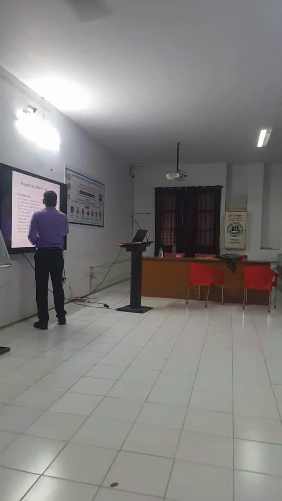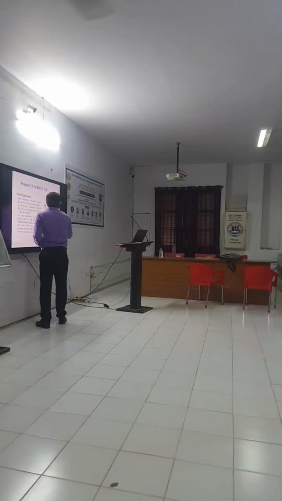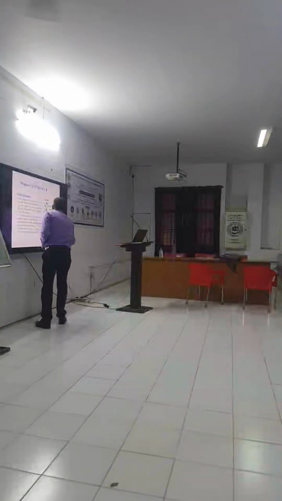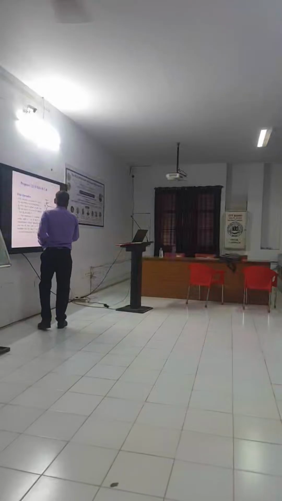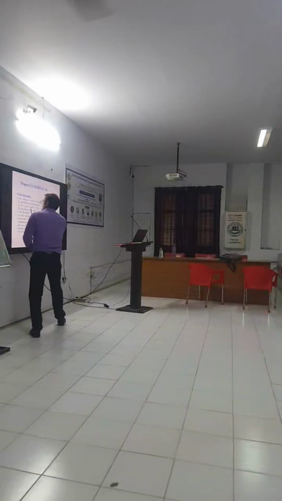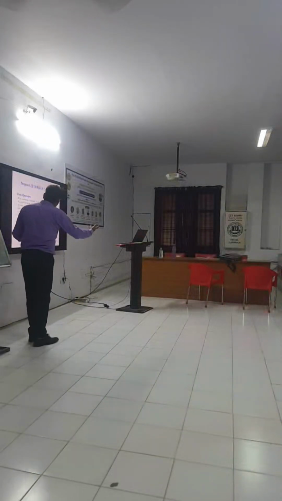Suppose I am reading the data, and suppose this is a 0. Here you can store 1 or 0, no problem. First I am telling the write operation, then the read operation.